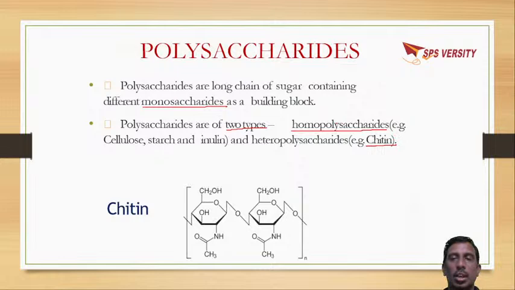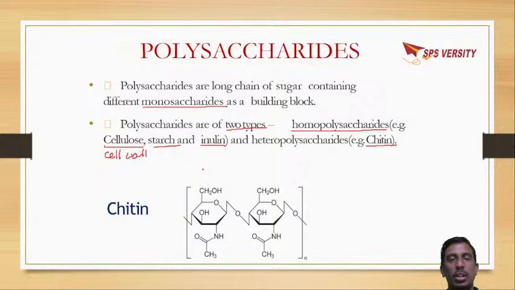Homopolysaccharides mean it will have only one type of sugar, like cellulose, which is present in the cell wall of plants. Starch, where food is stored in plants. Inulin, which is stored in a few plants like sweet potato.